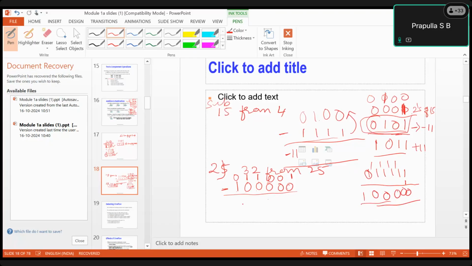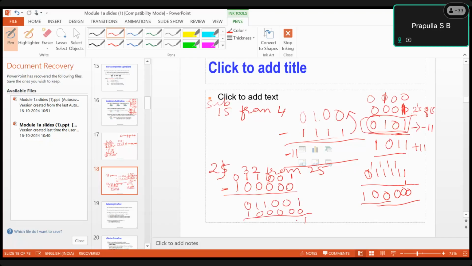Now to this I should add 0, 1, 1, 0, 0, 1. This is 25, right? 16 plus 9 is 25. So to this I will be adding this value.